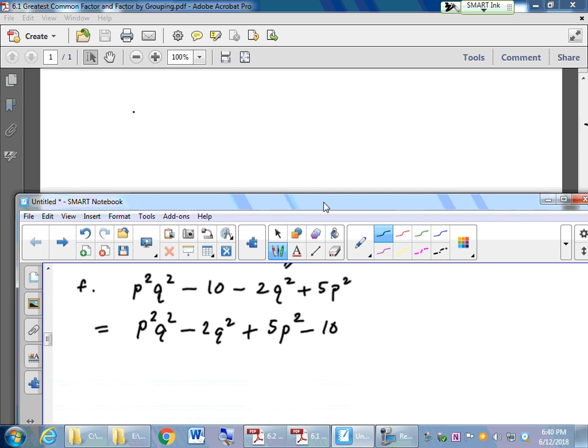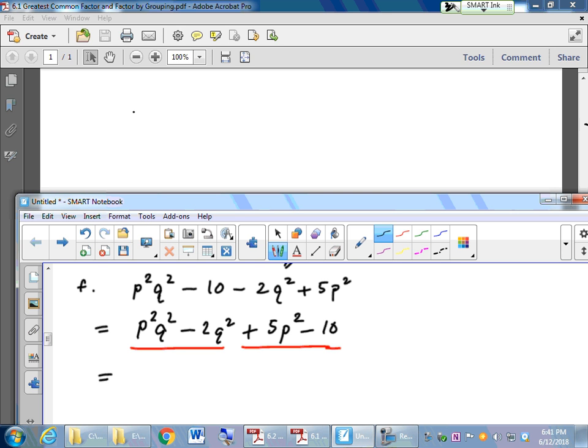Now I can group the first two terms and the last two terms. And always notice that when I underline the last two terms, I include the sign of the third term also, so that you can clearly see what sign we need to factor out as well.